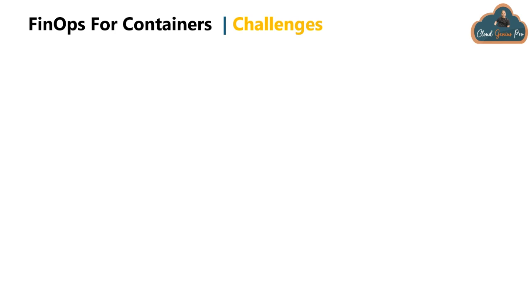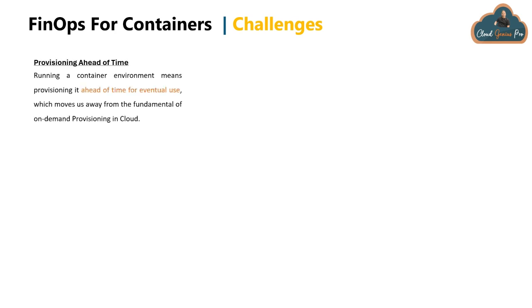We talked about this topic previously in one of the videos, but now let's go through the data point perspective: what are the key challenges? The first challenge is that when we provision the containers, we always provision based on future capacity.